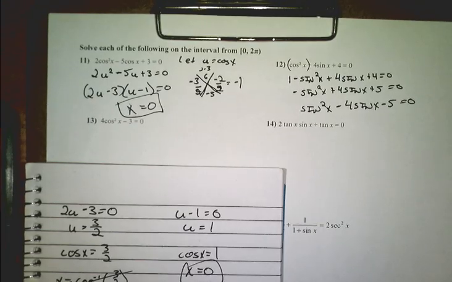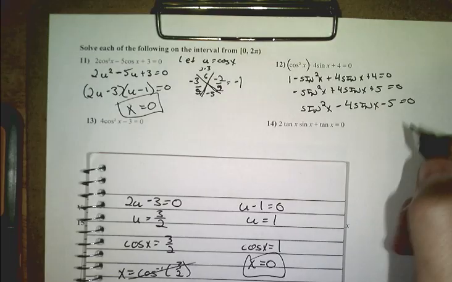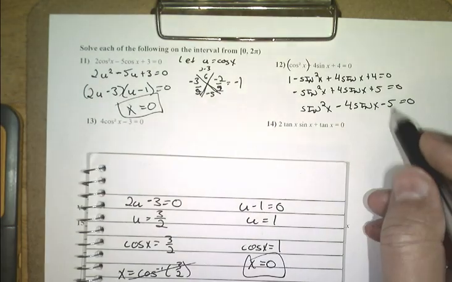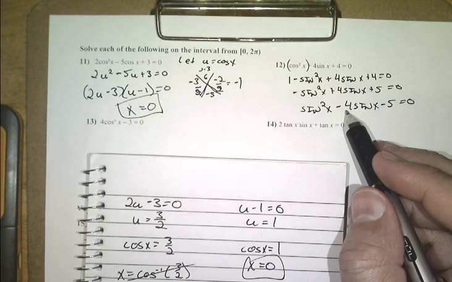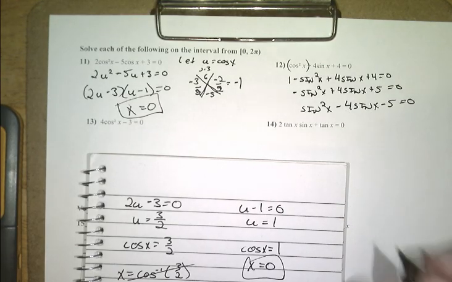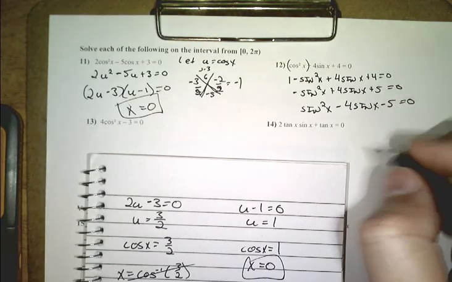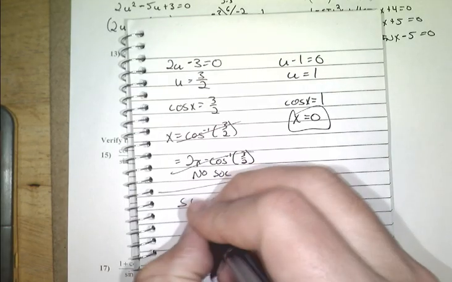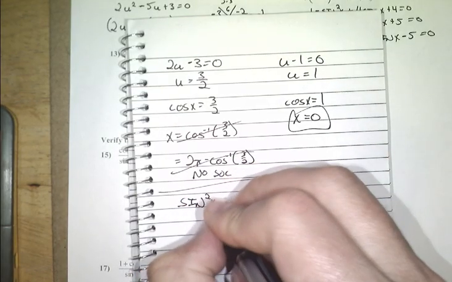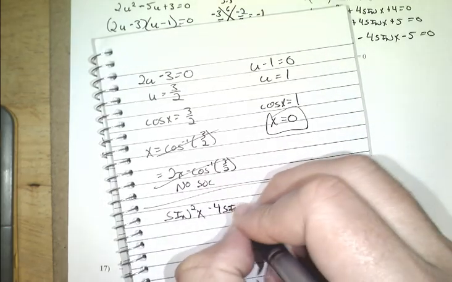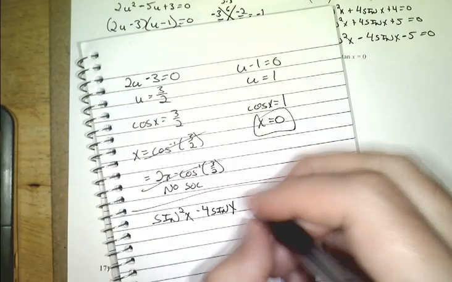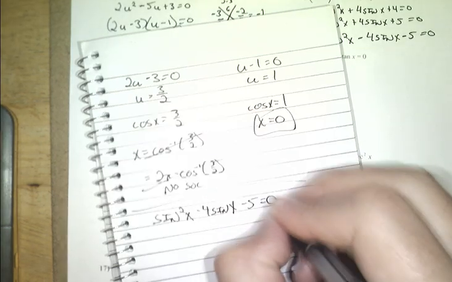So here we can try and factor it. What two numbers multiply to be -5, but add to be -4? So let me rewrite this. Sine squared x minus 4 sine x minus 5 equals 0.